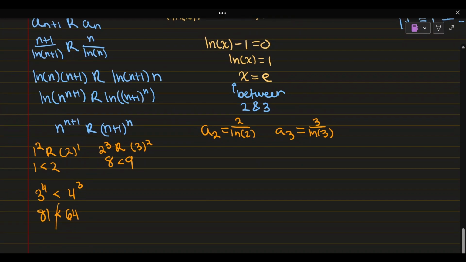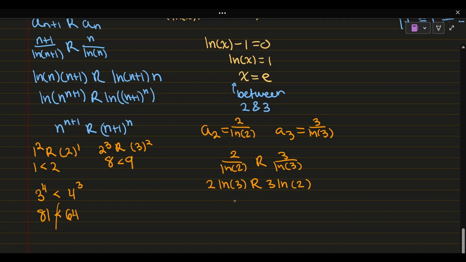Okay, let's use our trick to see how these are actually related to one another, because it doesn't appear to be very obvious. So 2 over ln 2 versus 3 over ln 3. Multiply both sides by those ln's, and I get 2 ln 3 versus 3 ln 2.